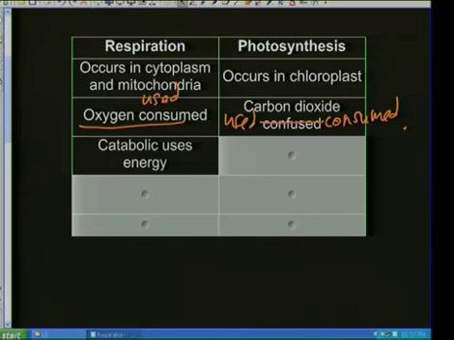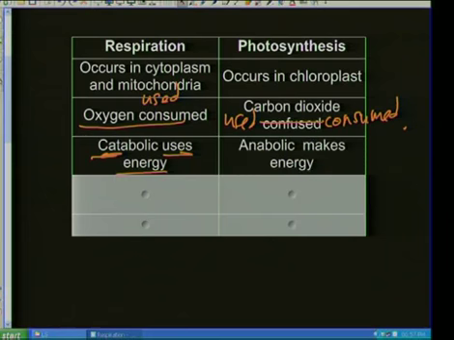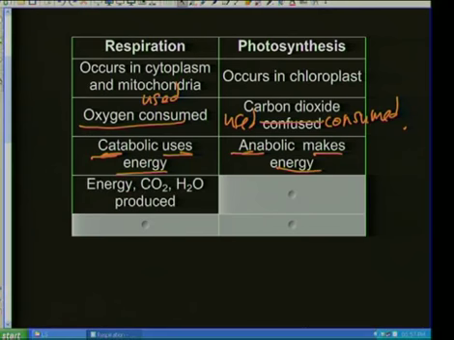Then, first of all, this one here is a catabolic reaction. Why? Because it uses energy. And I told you earlier, photosynthesis is an anabolic because it makes energy. What are the products?